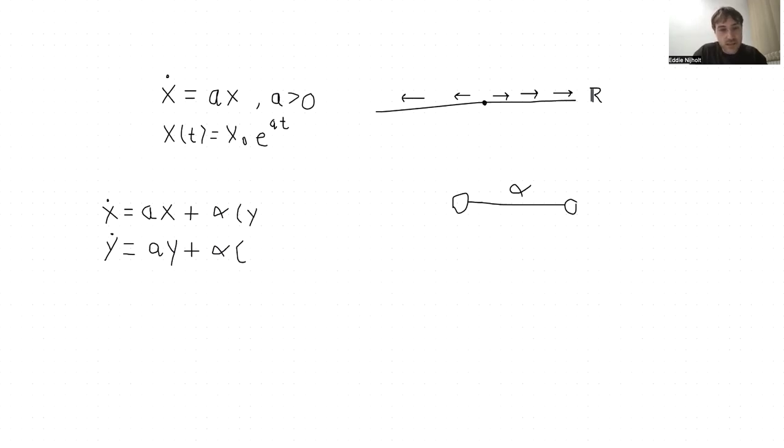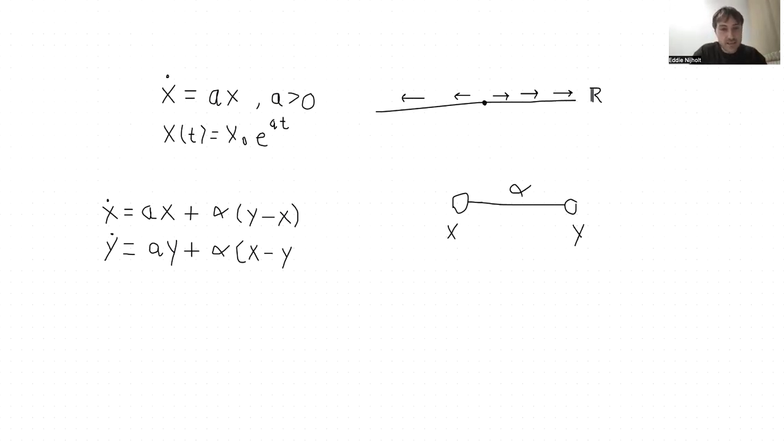So here I'm going to take alpha times y minus x, and here I'm going to take x minus y. So what's the interpretation of this again? Each node, so this was the node for x, and this is the node for y. Each node has its own dynamics. It is very straightforward. It behaves like this.